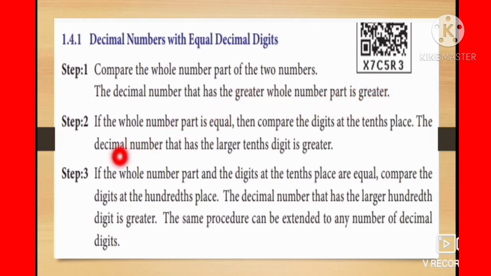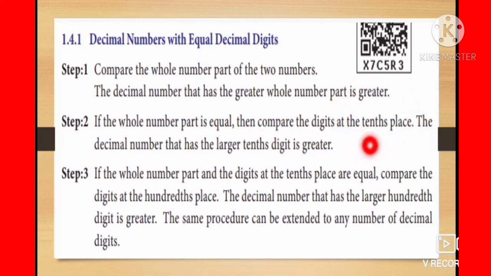And in the second step, if the whole number part is equal, for example, 8.36 and 8.29. So here the whole number part is equal, 8 and 8. In this case, we have to compare the digits at the 10th place, isn't it?